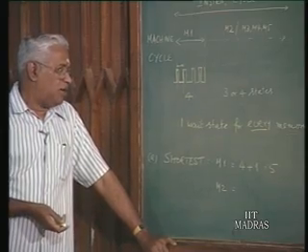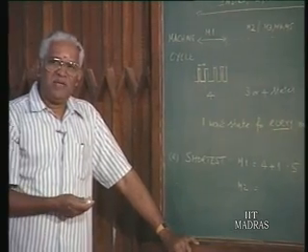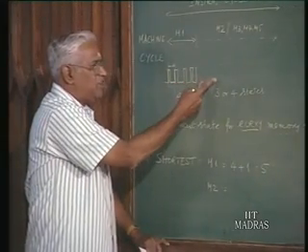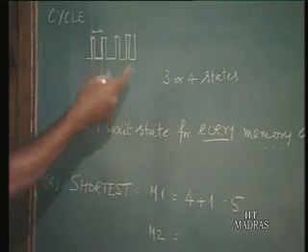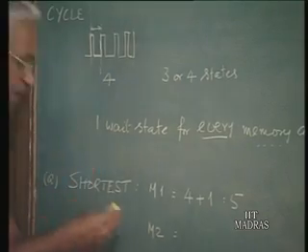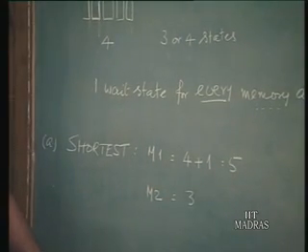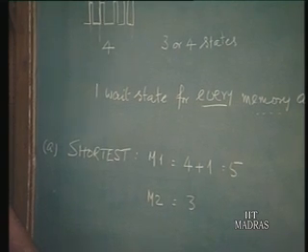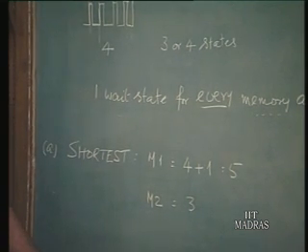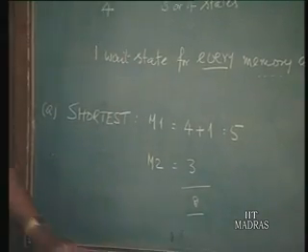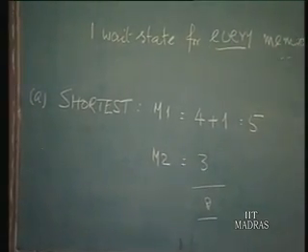There is nothing wrong in assuming there may not be a memory access, because you fetch an instruction here and then for executing that instruction you take 3 states. So, we can as well have it as 3 states only. So, for the shortest, that is 5 plus 3, we have 8 states. This is the minimum. Okay.